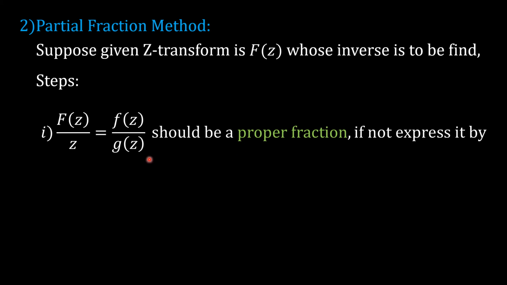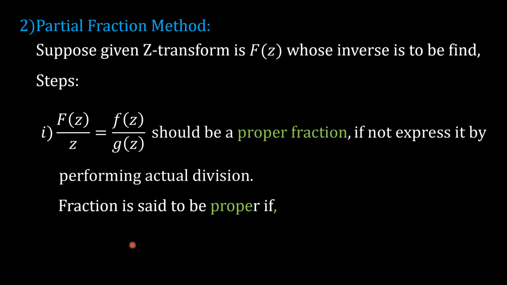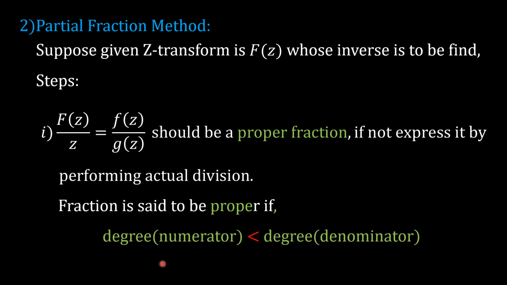If it is an improper fraction, then we have to express it as a proper fraction by performing actual division. A fraction is proper when the degree of the numerator is strictly less than the degree of the denominator, else it is called an improper fraction. So this is our first step.